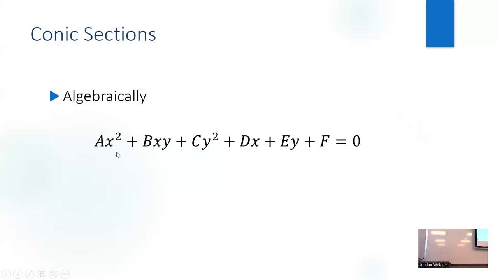So the non-trivial ones are where A, B, or C is non-zero. And generally, what we do is we let B be 0 most of the time, because if B is not 0, then we can do a shift or rotation of our cone.